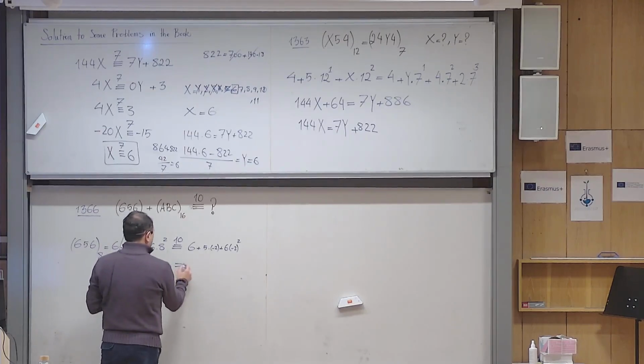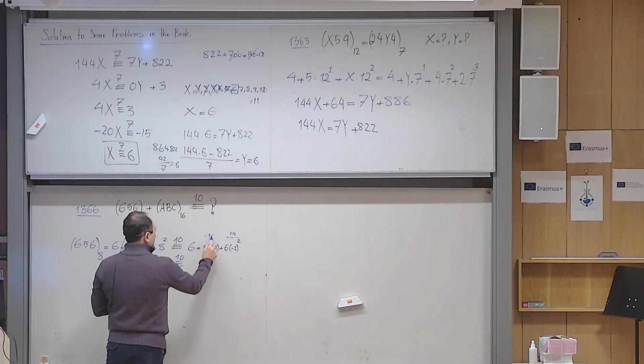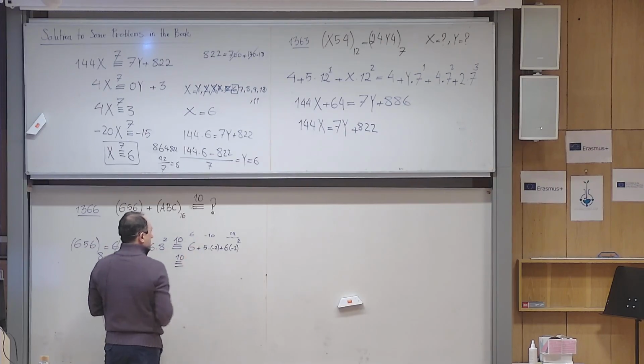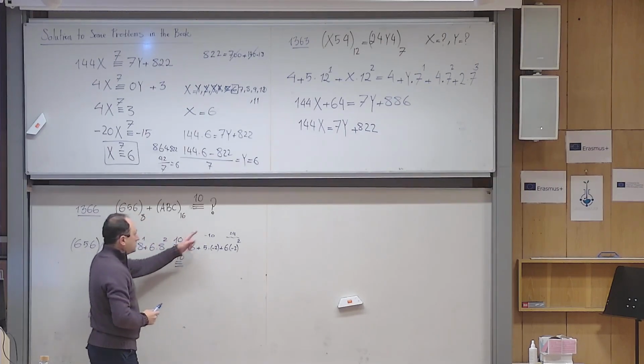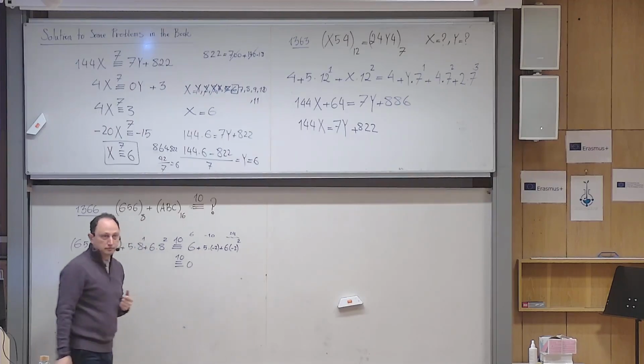Of course, you can do it your own way. So what the answer is: this is just 24, this is -10, and this is 6. 24 is 30 modulo 10, 30 is 0, 10 is also 0. So this is simply 0.